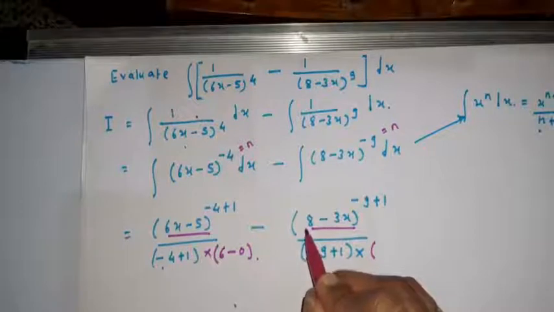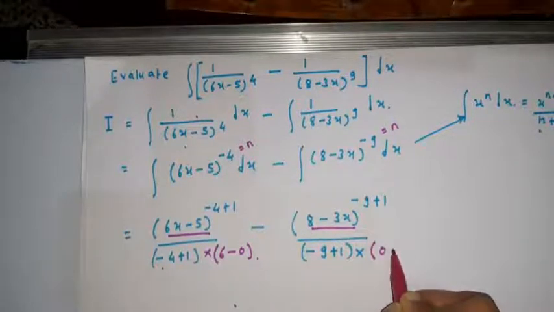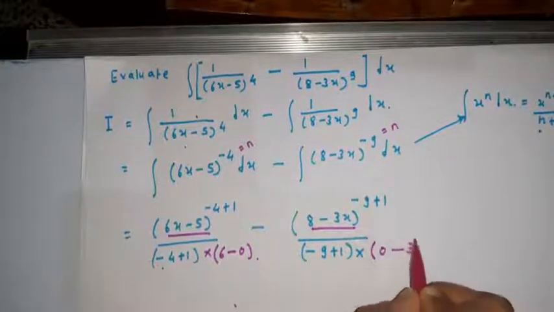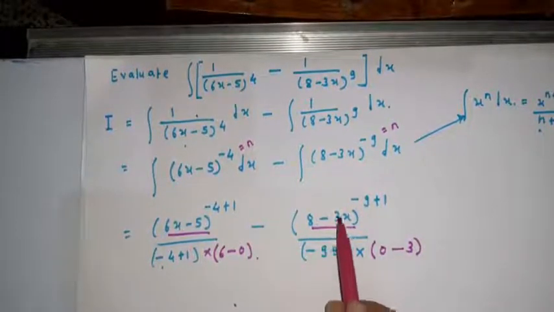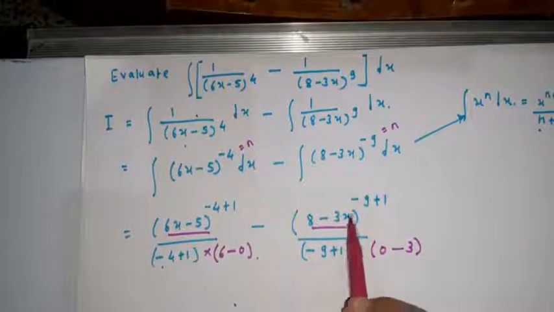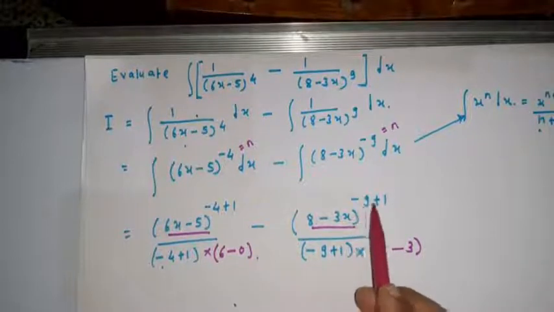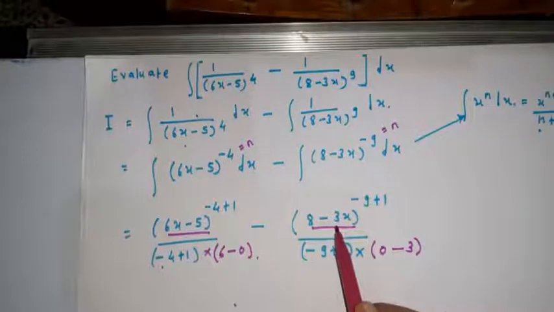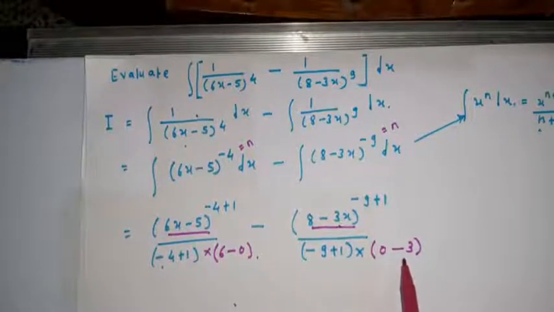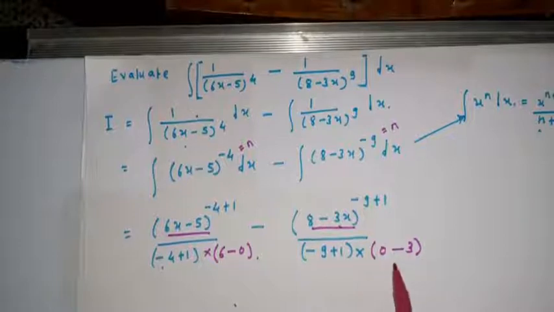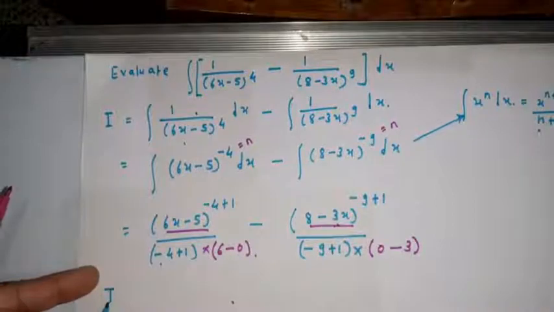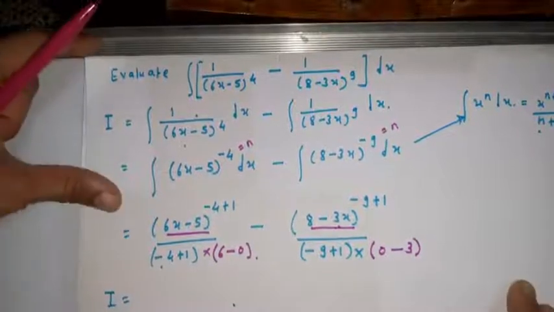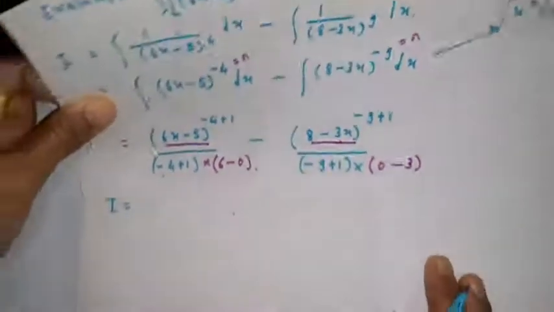Differentiation of 8, the constant number, is 0, minus differentiation of 3x is 3. So, students, always remember that while integrating, after taking the integration, if the inner function is differentiable, take its differentiation and divide by it. Okay, in this way.